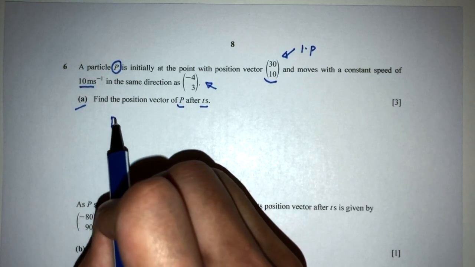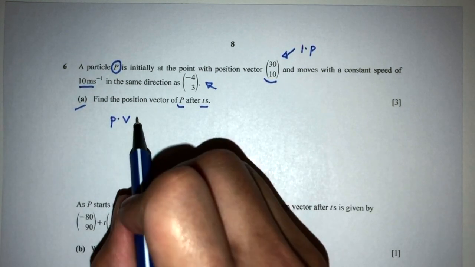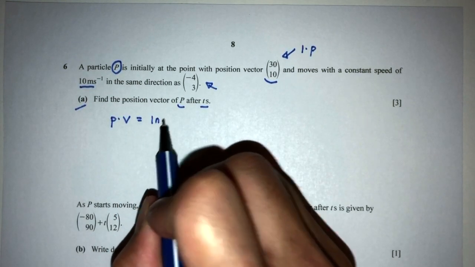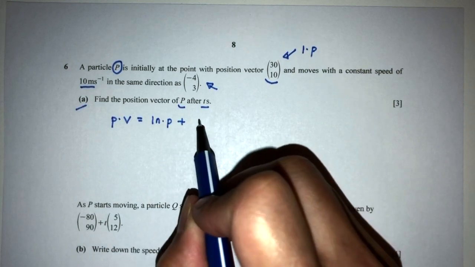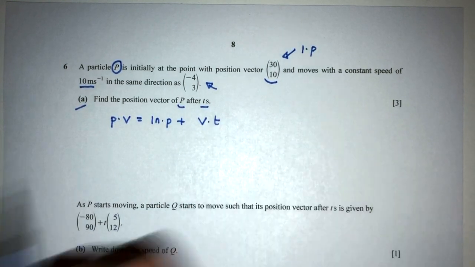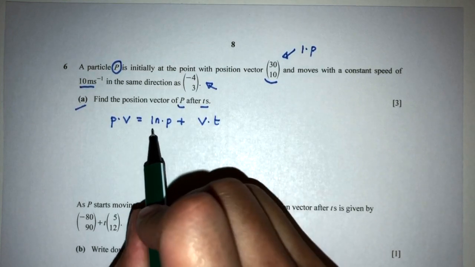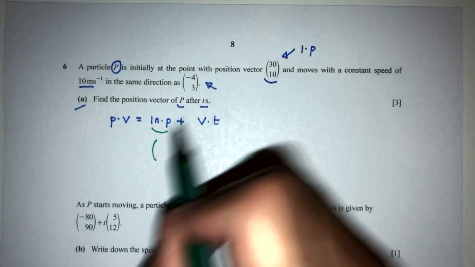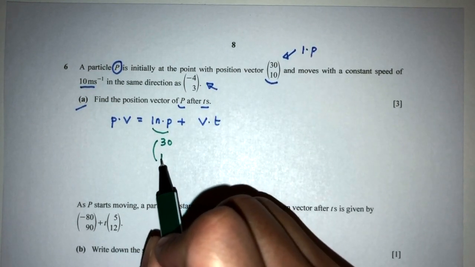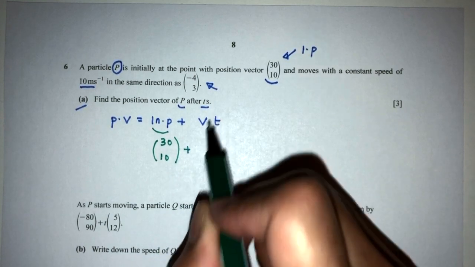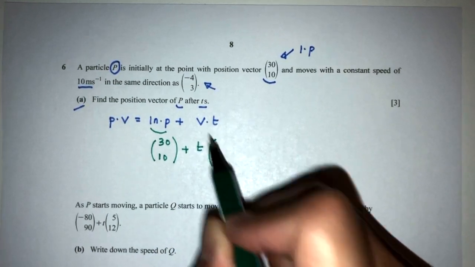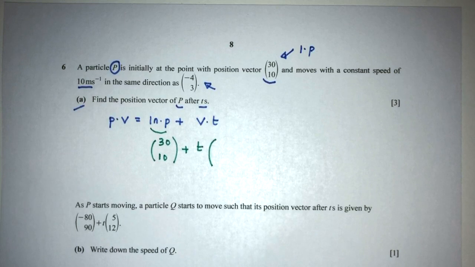So how do you find the position vector? It is equal to the initial position plus the velocity times the time taken. This we know already. It is 30, 10, and t is time. We don't know v, so we have to find it. How do you find the velocity for this one?